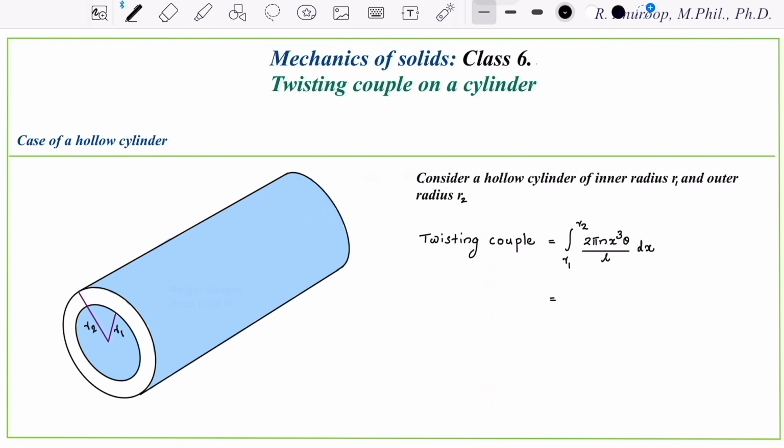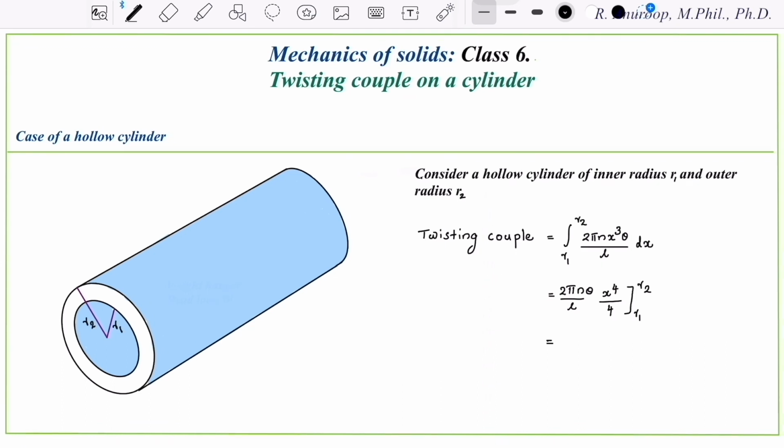And this is equal to 2 pi N theta by L, then the integral of x cube dx is x raised to 4 by 4 from R1 to R2. This is equal to pi N theta by 2L into R2 raised to 4 minus R1 raised to 4. This is the twisting couple.